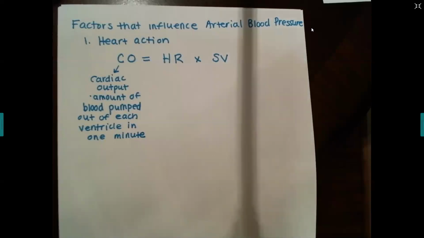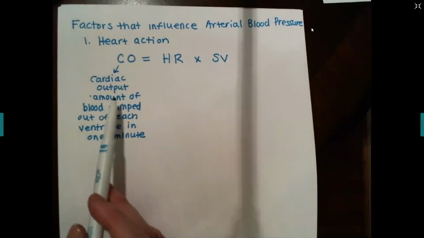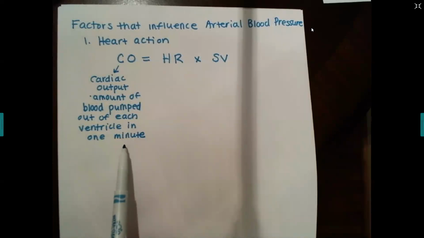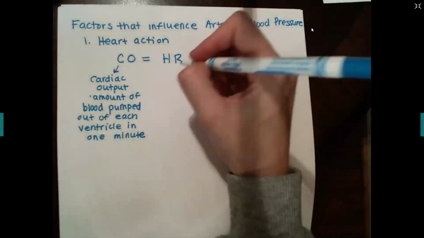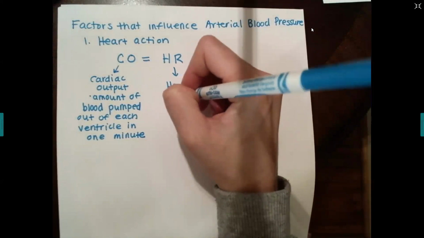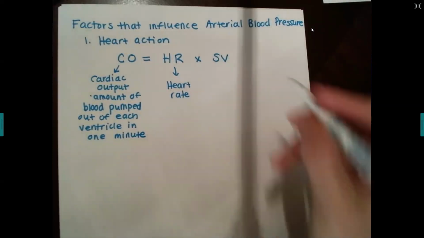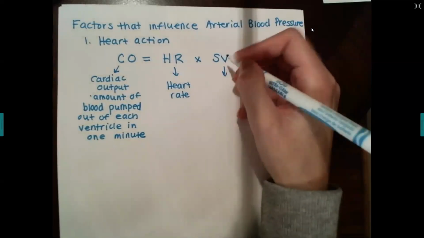How much is my right ventricle pumping to the lungs, and how much is my left ventricle pumping to the body, in a minute? So the cardiac output is measured in the amount of blood per minute. The next one is heart rate, and we're familiar with that. Your heart rate is just the number of times that your heart is going to beat in 1 minute. Beats per minute.